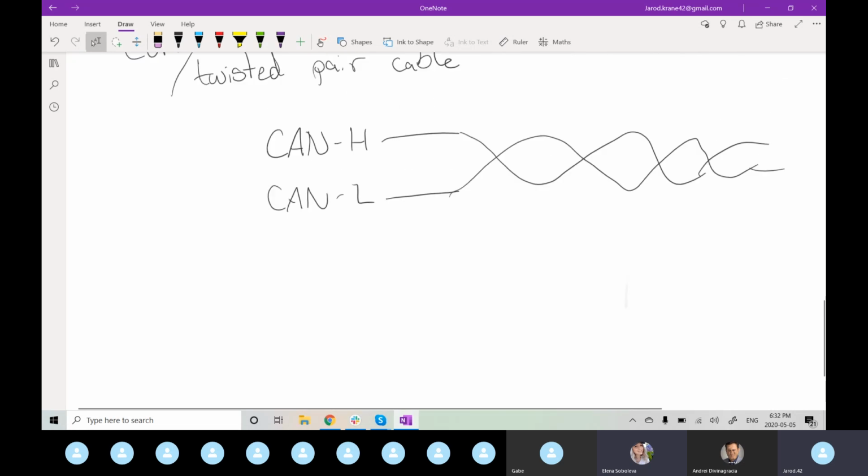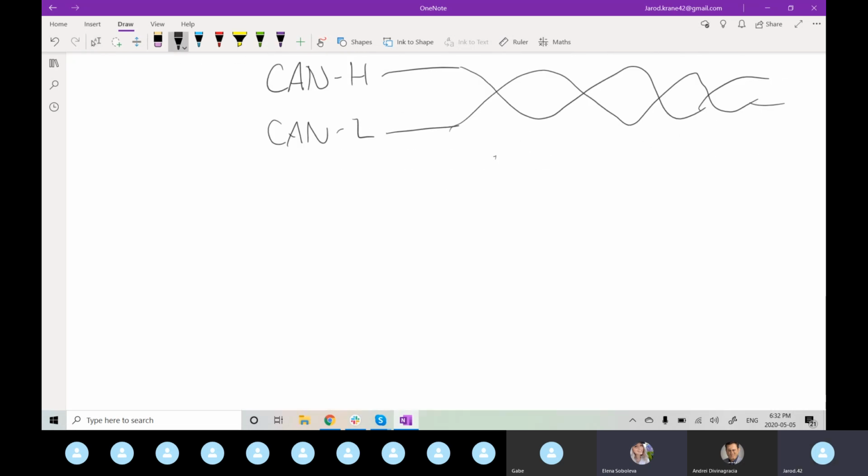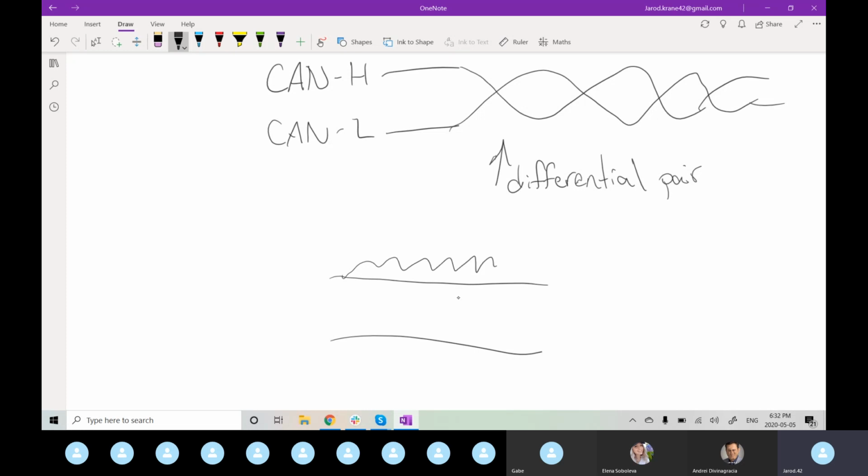Sure. So this is generally also referred to as differential pairing, or twisted wire, all the same. Basically, if you're sending your signals on your two lines, they'll have whatever data and whatever noise.